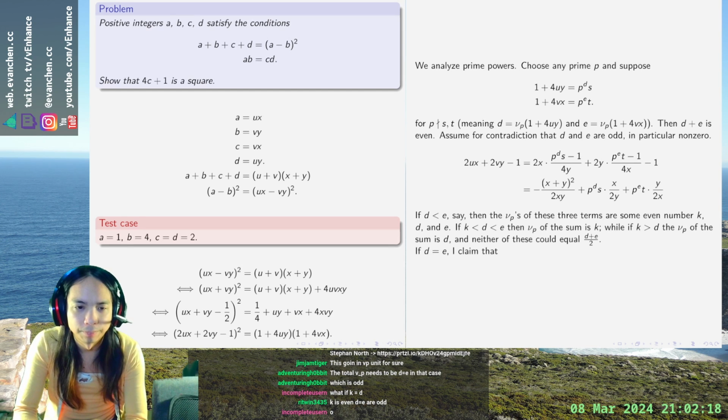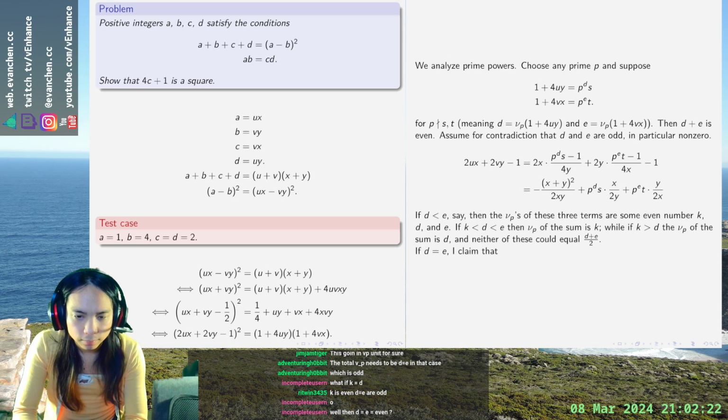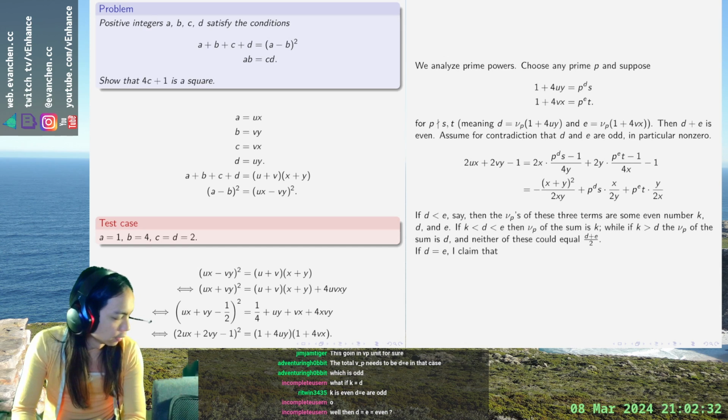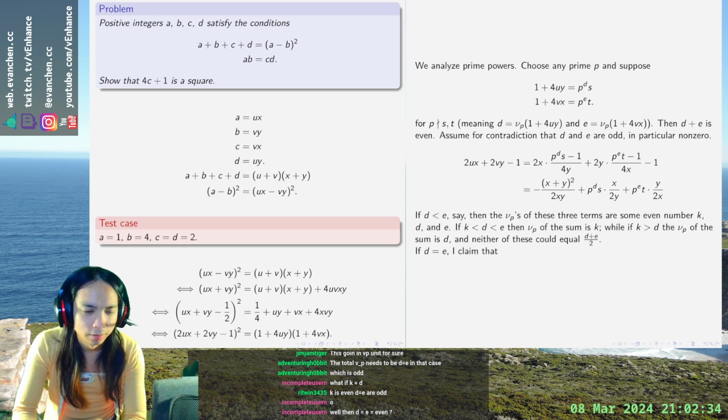Consider the sum. Well, let me just give this sum a name at this point. Then VPS is K. Consider cases. Well, then D equals E equals even? Why?